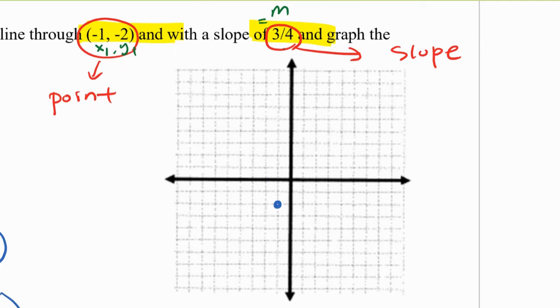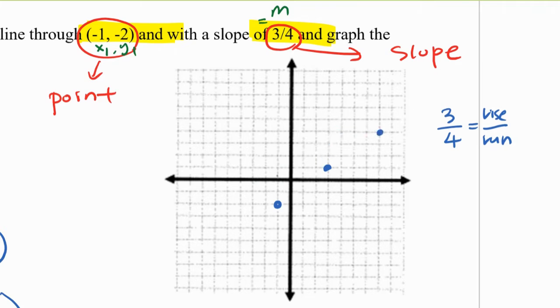And slope, rise over run. So 3 is the rise, 4 is the run. So you're going to go up by 3, 1, 2, 3, and run by 4 here. Again, go up by 3 and walk over 4 units here.